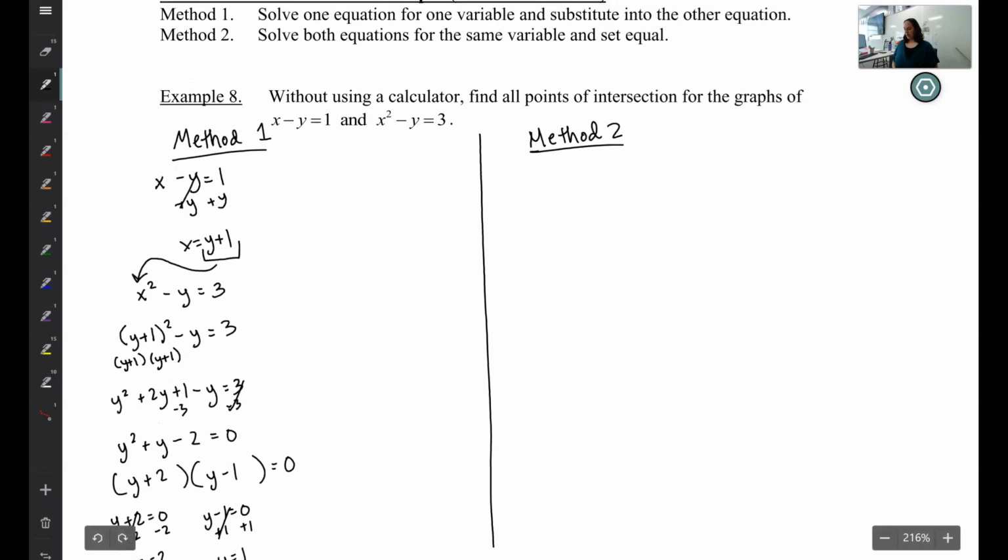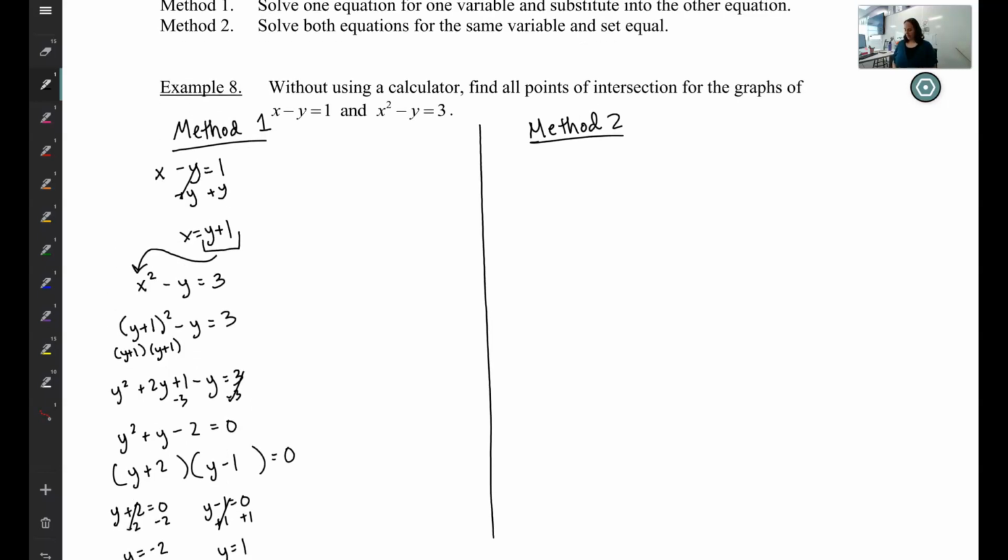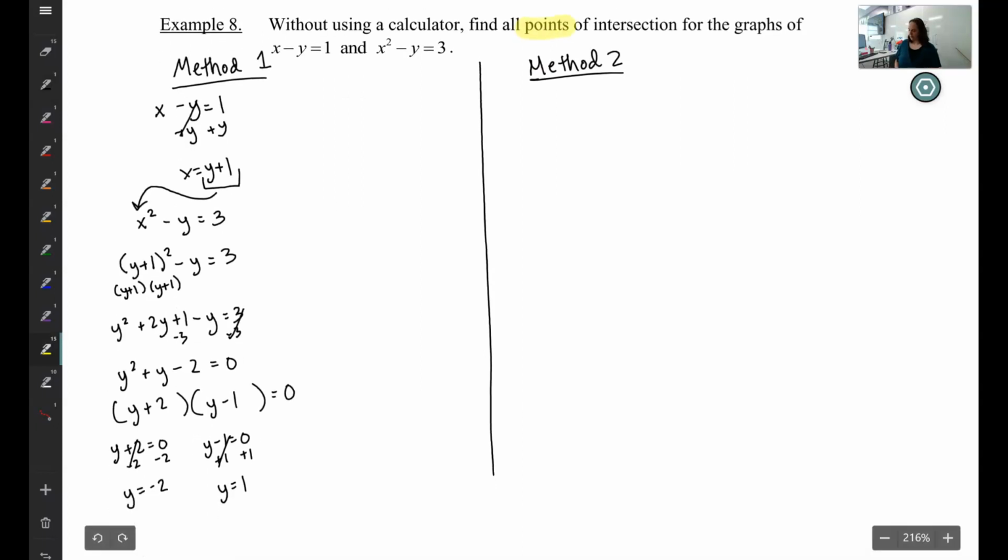Now, I want to find the points of intersection, which means I need a coordinate point. So what I'm going to do is plug that answer back in to either equation. And I'm going to pick the first equation because it's a lot simpler. I don't have any quadratics or squares in there as such.